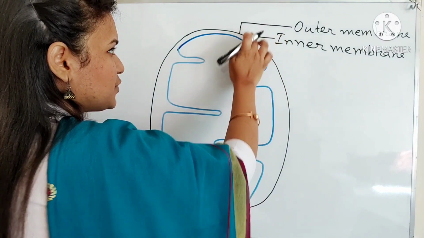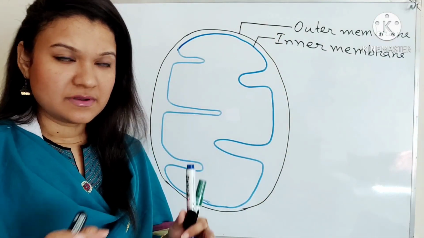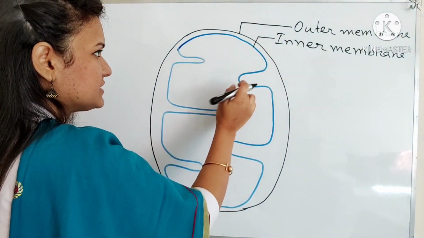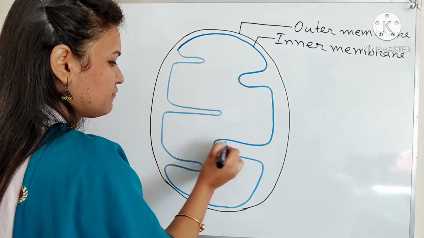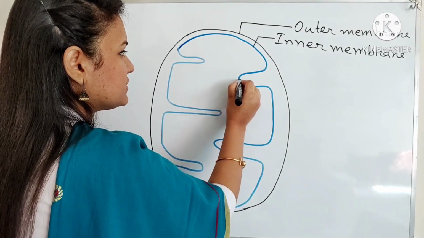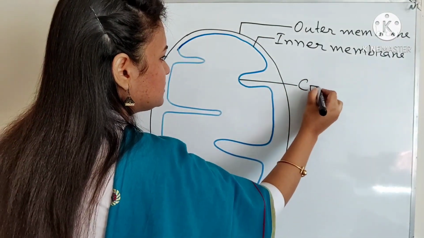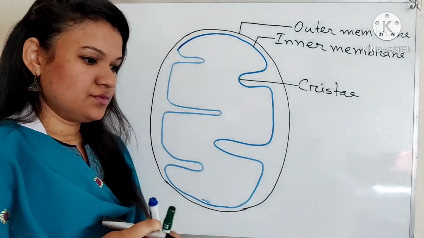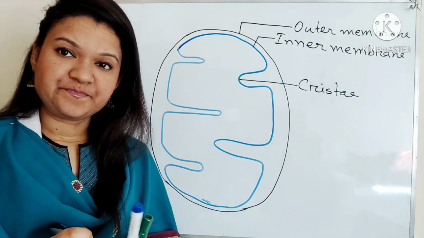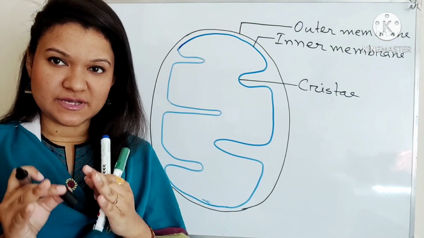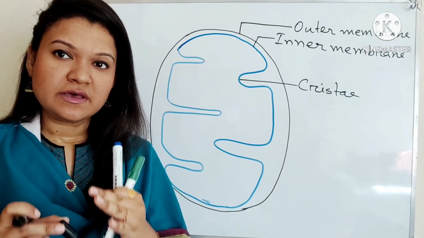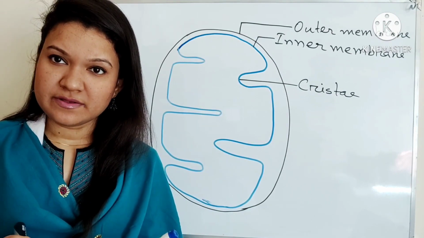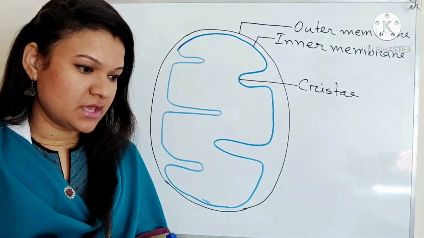The outer membrane is smooth and the inner membrane has some foldings. You can see these types of foldings, and these foldings are called cristae. The mitochondria have a double-layered membrane that is made of phospholipid and protein.